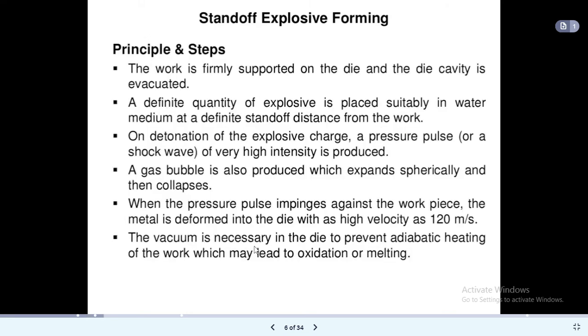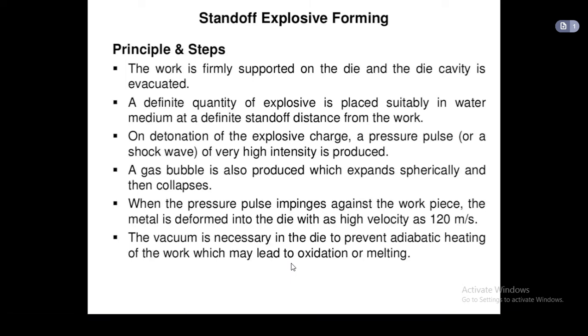In this process, the velocity is up to 120 meters per second. The vacuum is necessary in a die to prevent the adiabatic heating of the work, which may lead to oxidation or melting. To eliminate oxidation or melting, the vacuum is also provided here.